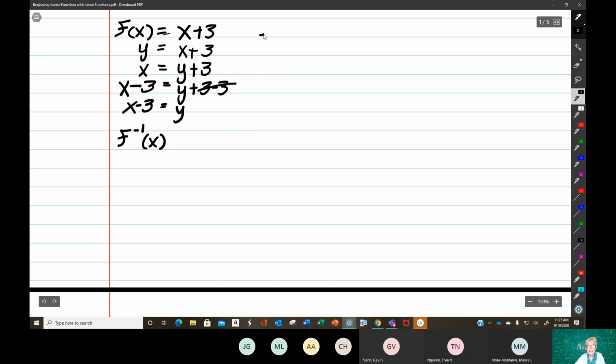Okay, so let me write this down. f of x and g of x are inverses of each other.